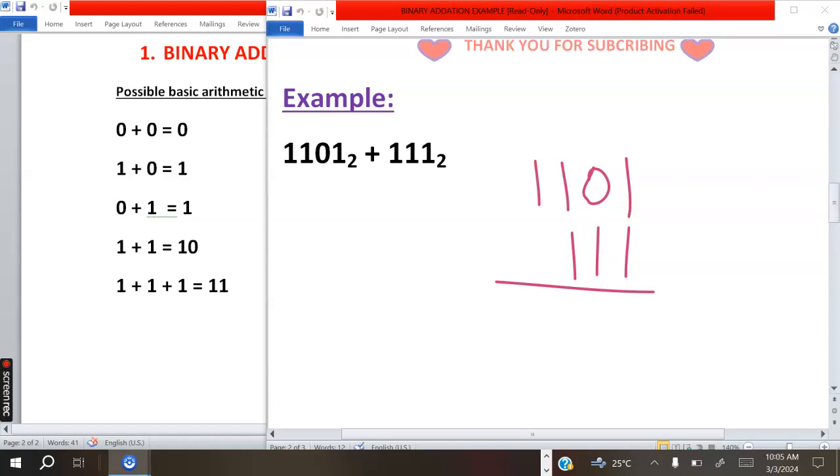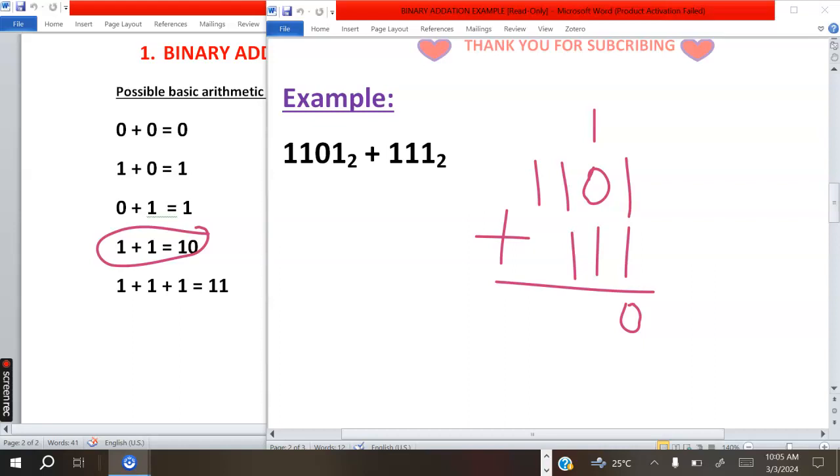Okay, remember the rule number 1, 1 plus 1 is equal to 1, 0. So you write the 1 there. Then the other one, you carry it above the digits that is on your left hand side.